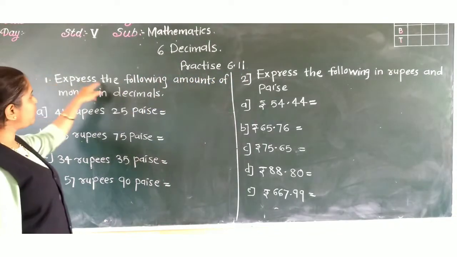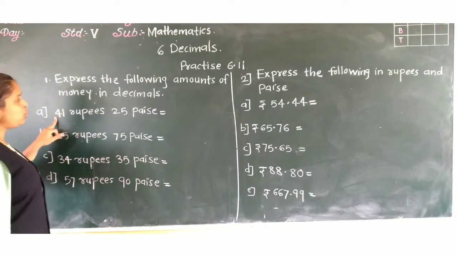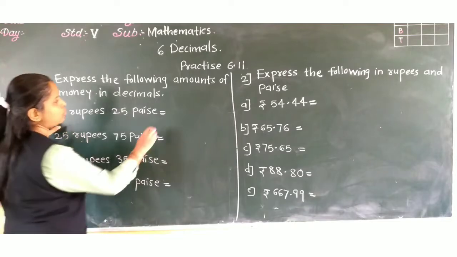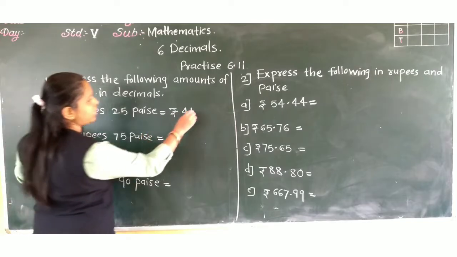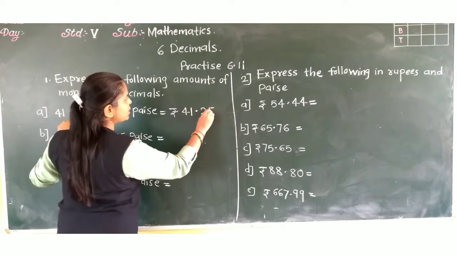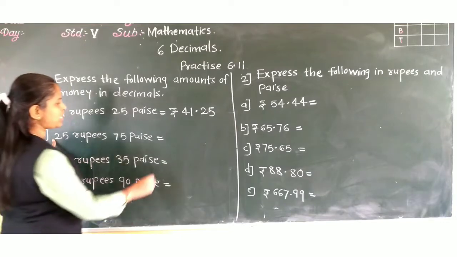We'll solve practice 6.11. Question number 1. Express the following amounts of money in decimals. So 41 rupees 25 paise. How to write? Rupees 41 and paise 0.25. In this way. Okay. Here 25 rupees 75 paise.